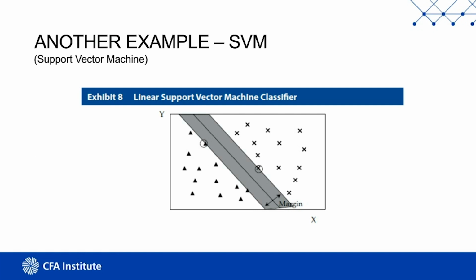And in this example, we've just got two variables. And let's imagine that the X's were cases where the stock went up, and the triangles were the cases where the stock goes down. And the algorithm involves finding lines that split into these two groups.